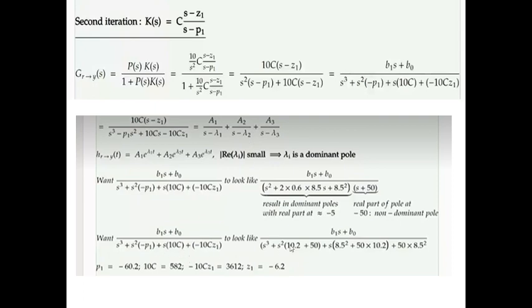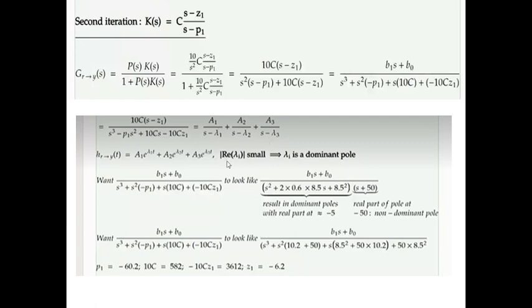So we equate this with this, and we get p1. p1 is minus the coefficient of s square, 10c is the coefficient of s, hence we have p1, we have c, and since we have c, we get z. So we have c, we have z, and we have p1.